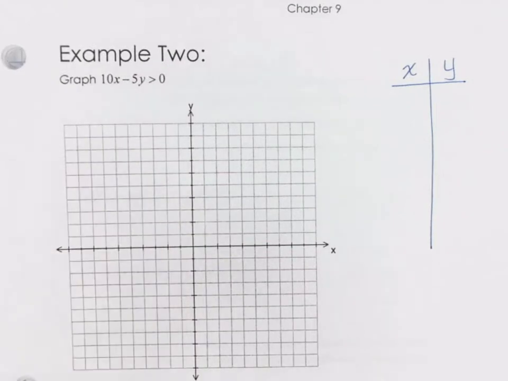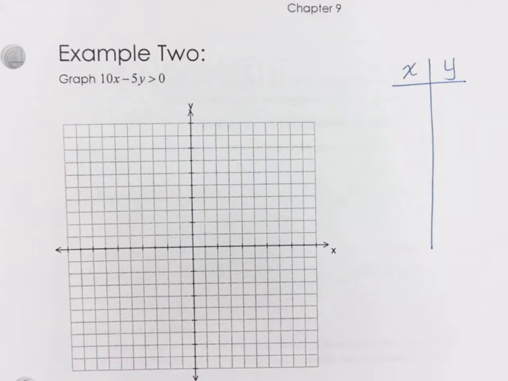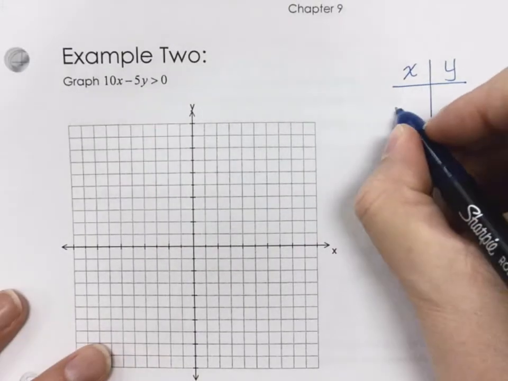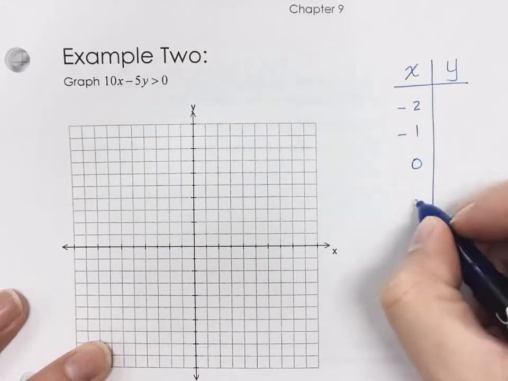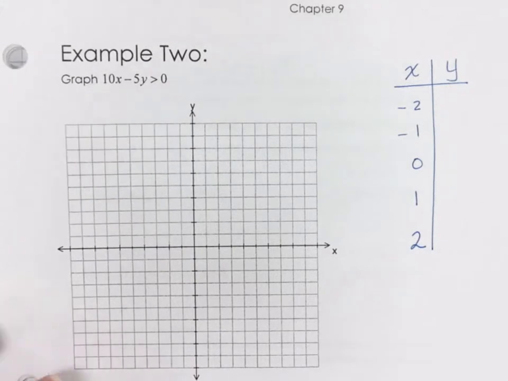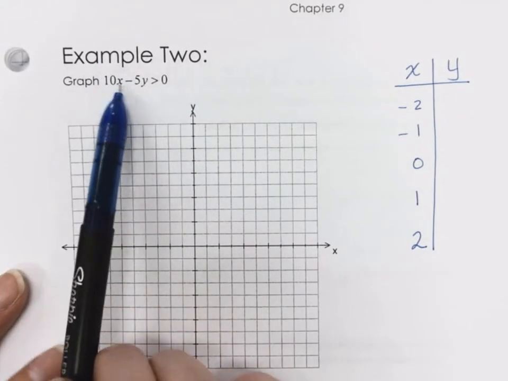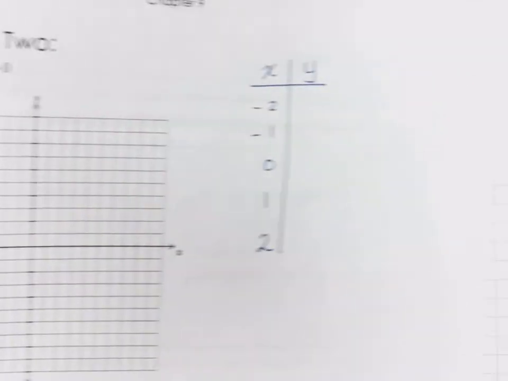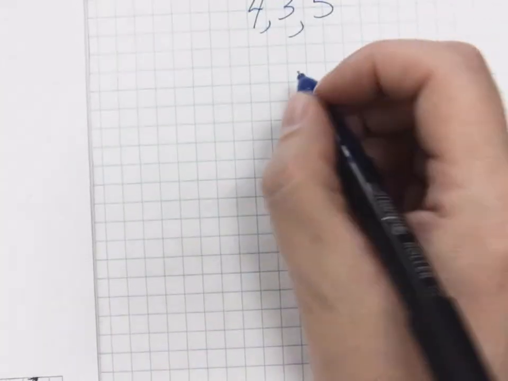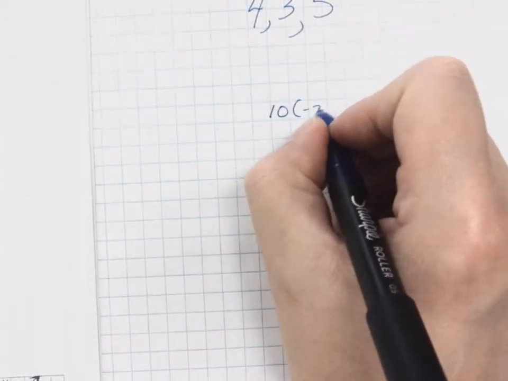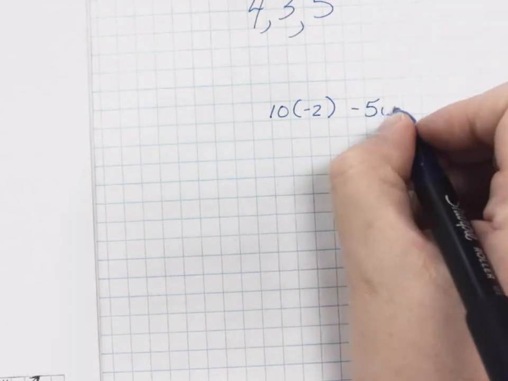So if I'm going to do a table of values for this one, I'm going to pick some values that are positive, some that are negative, and I'm going to throw a 0 in there. So I'm going to pick -2, -1, 0, 1, 2. I have to substitute each value in for where I see x. So I'm just going to pop to a scrap piece of paper here. I'm going to have 10 times -2 minus 5y.